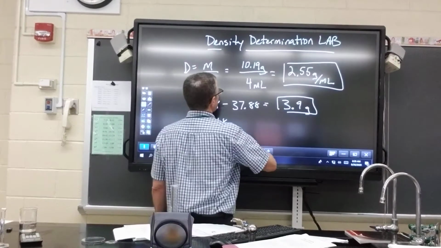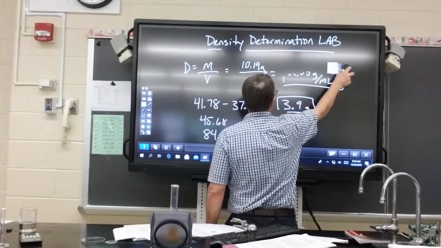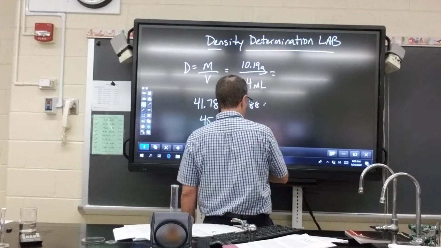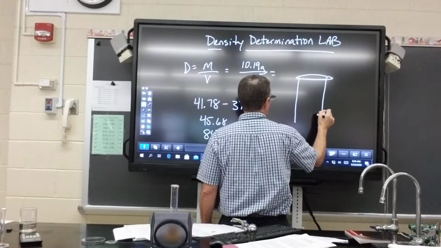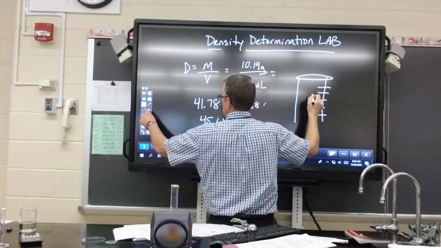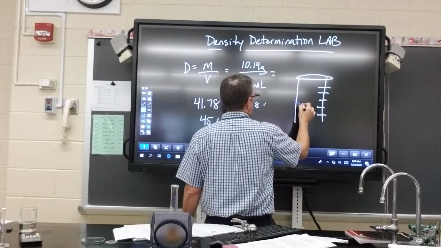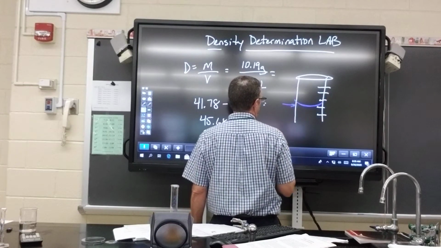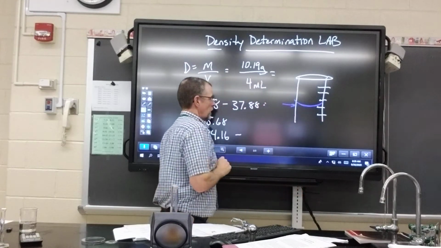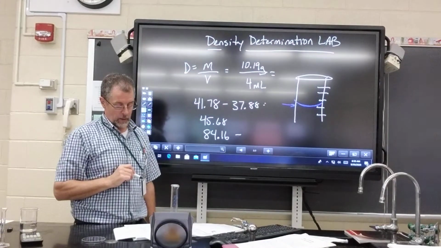And remember, when you're reading the meniscus, reading the graduated cylinder, do you remember that thing we taught you, the meniscus, right? So when I'm looking at the liquid, I'm measuring right at that curve, which is the meniscus, and trying to do that as accurately as possible.